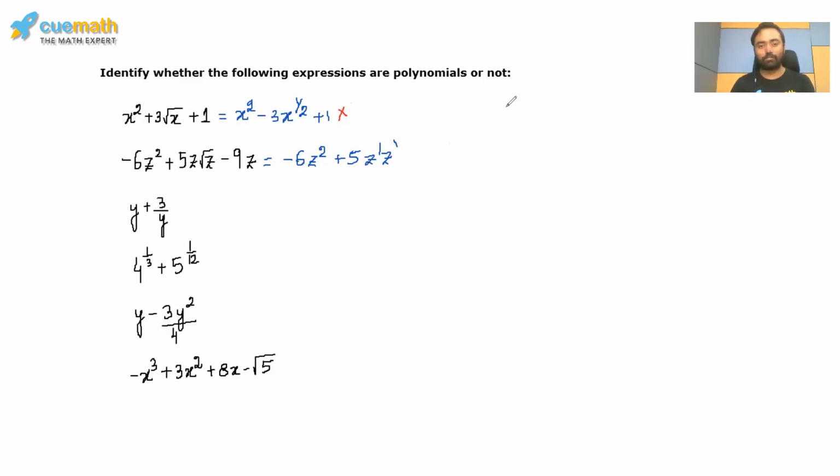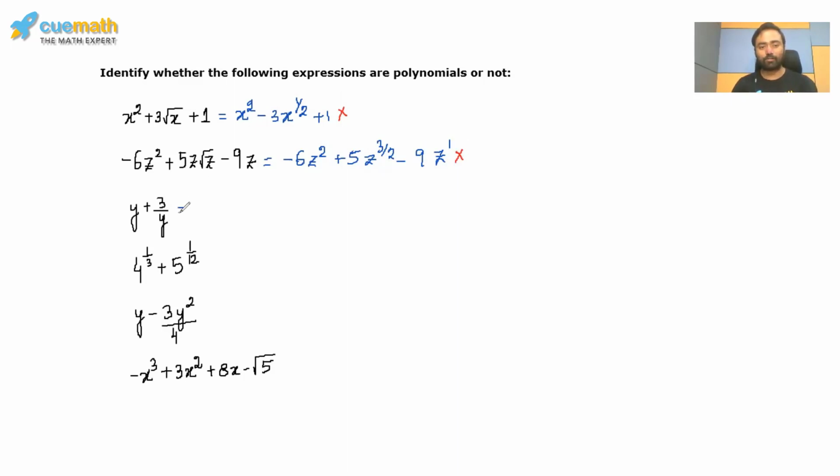So adding the powers, we get 1 plus half gives us 3 over 2, minus 9 z raised to the power 1. Now we see that one of the variables has an exponent which is not an integer. So this is also not a polynomial. So it's quite easy to identify whether an expression is a polynomial or not based on its definition.